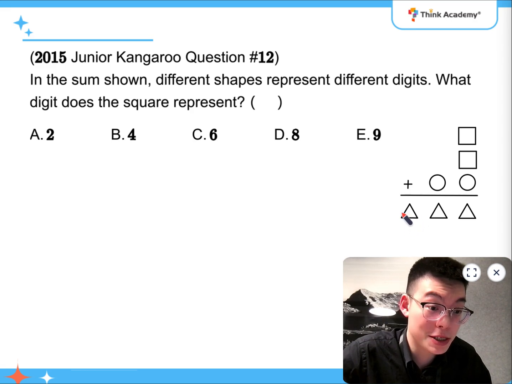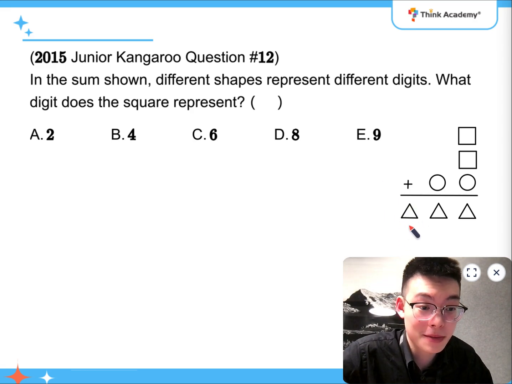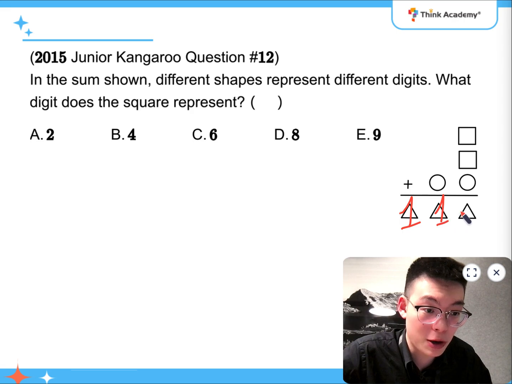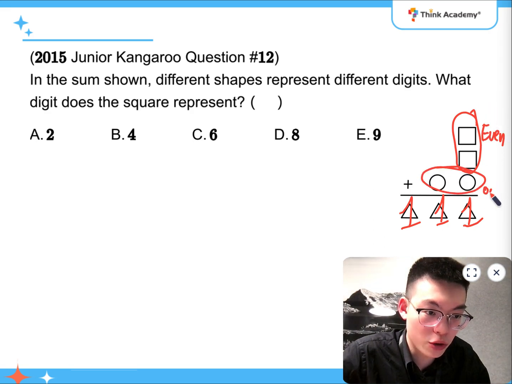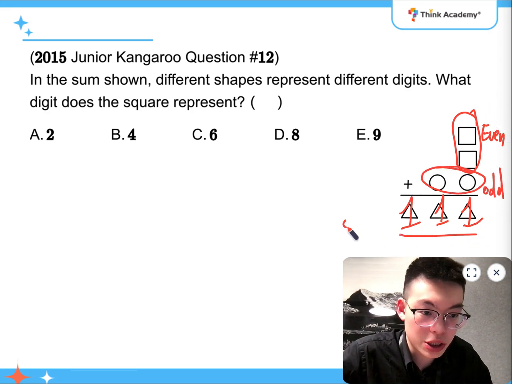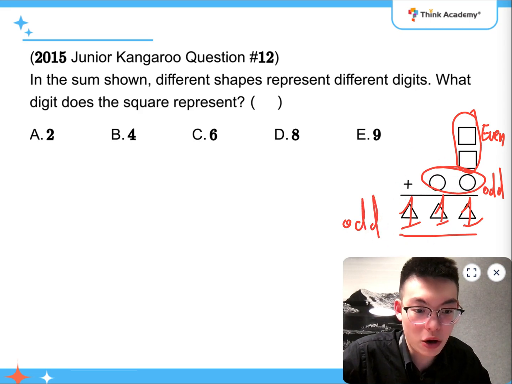It has to be smaller than 200, of course. So it means that this is going to be a 1. So 111. Now I have 2 numbers adding together, so that's going to be even. If I have an even number adding an odd number, that's going to be odd, right? So it means that the 2 circles is going to be an odd 2-digit number.